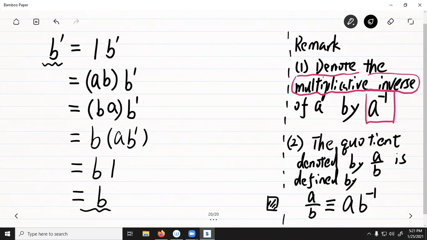So that means A over B means A multiplied by the multiplicative inverse of B. Okay. So you see, we should use the thing we already know, which is the multiplication, to introduce another operation, which is called the quotient or the division, right? So the division is not something we construct from scratch, it is something we derived from the operation we already know, which is the multiplication.